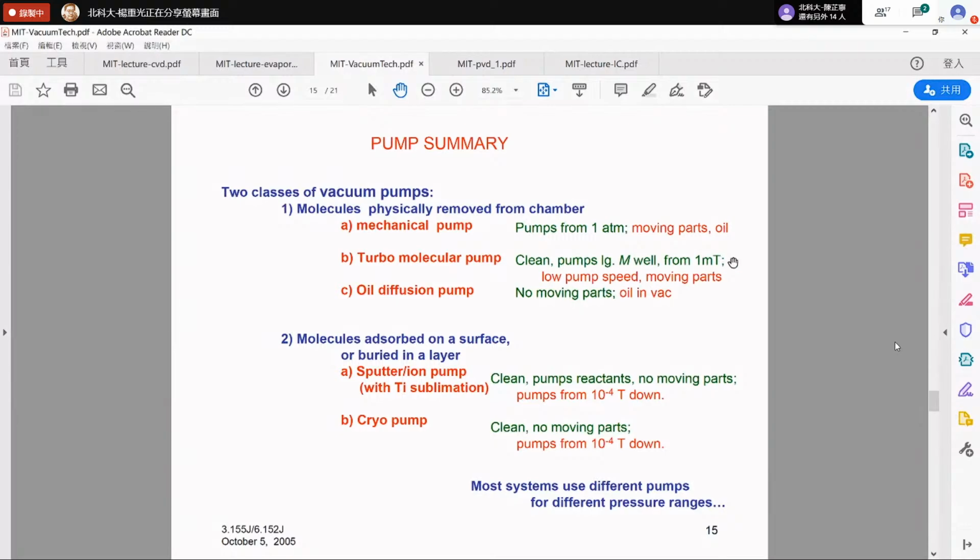Or once it goes down to 1 millitorr, you can use an ion pump to keep reducing the vacuum.